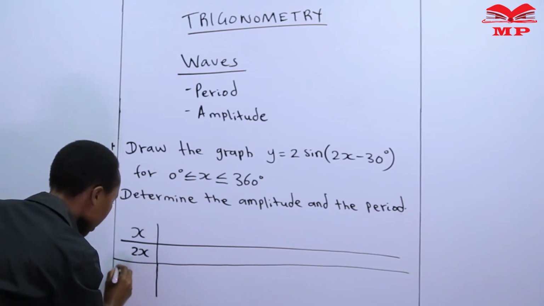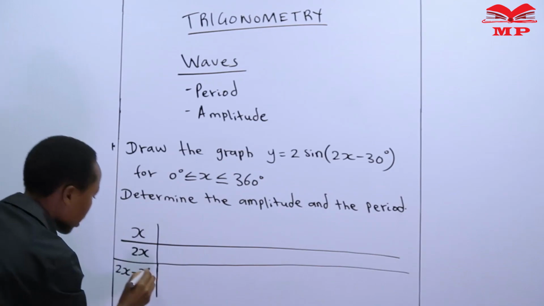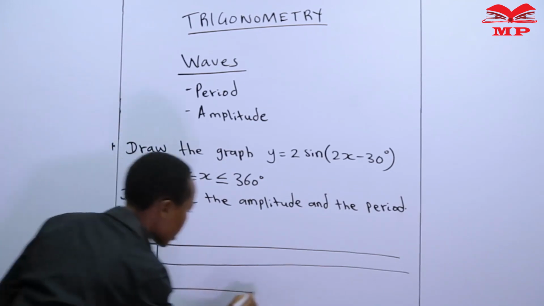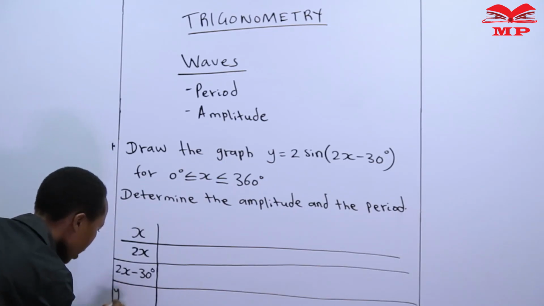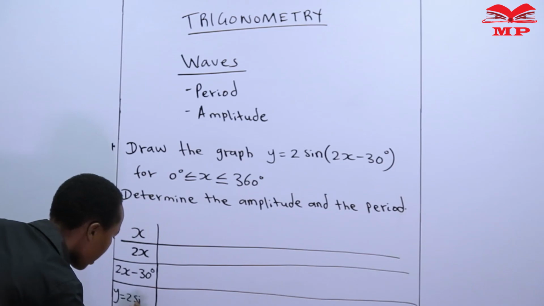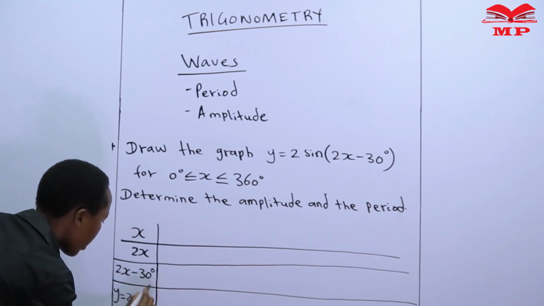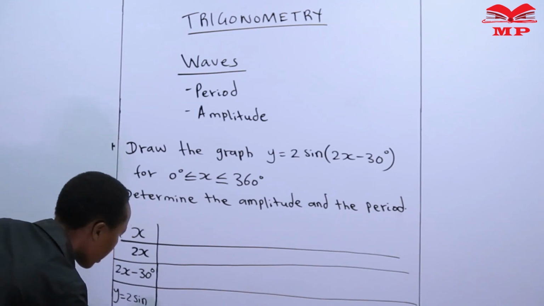Then after that we get 2x minus 30 degrees. And finally we have y is equal to 2 sine 2x minus 30 degrees.